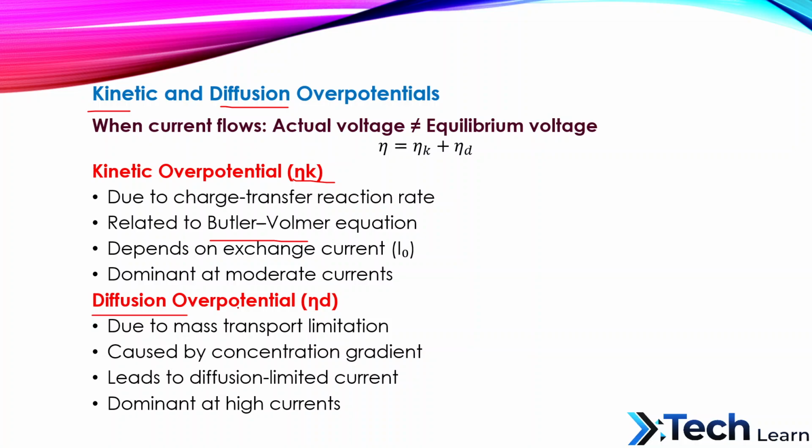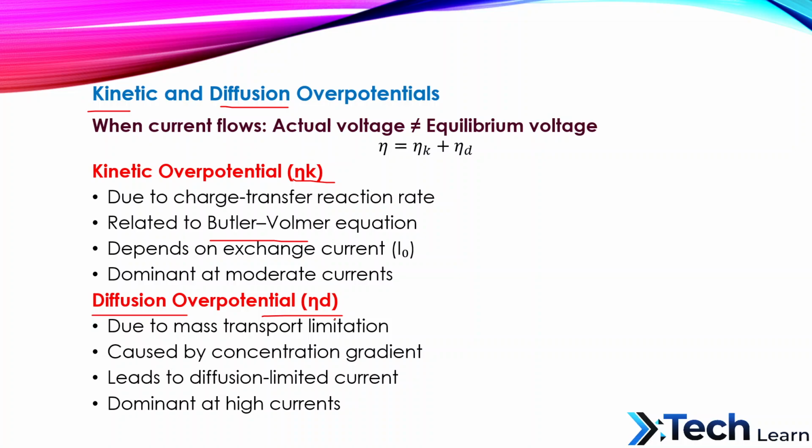When the current becomes large, reactants near the electrode surface are consumed faster than they can be supplied from the bulk electrolyte, which creates a concentration gradient. When the surface concentration approaches zero, the reaction becomes diffusion limited and current cannot increase further even if the voltage increases. So kinetic overpotential is reaction rate limited, while diffusion overpotential is mass transport limited.